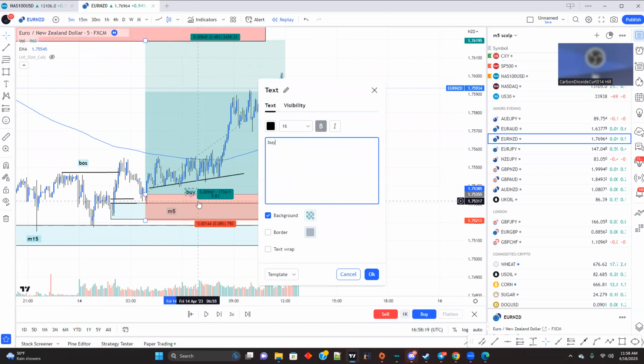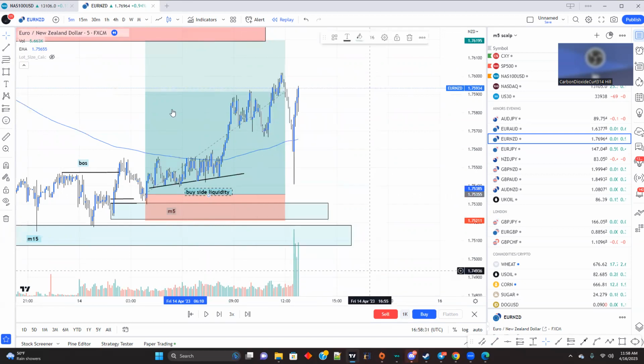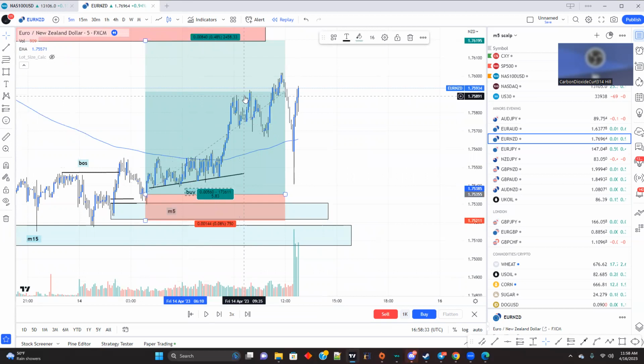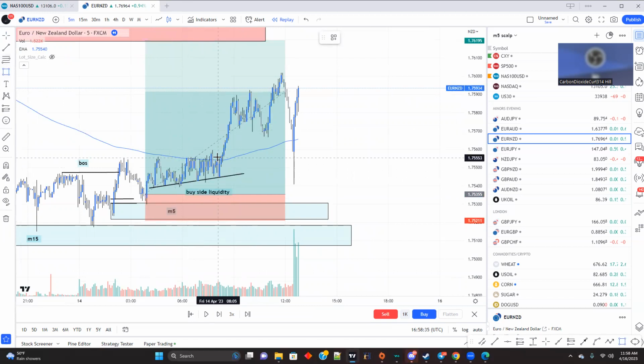So, buy side liquidity. Spelling it wrong. All right. So that's buy side liquidity on this move. And it created a new demand right there.